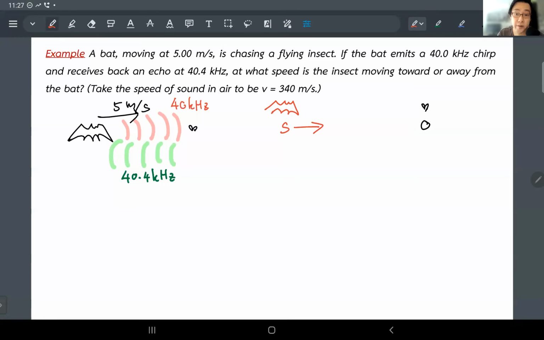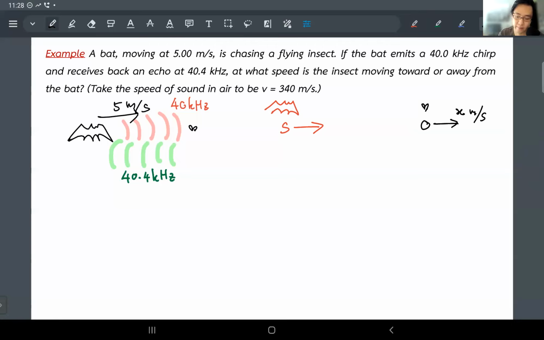Because you don't know the direction of the insect, you might assume it's going in some direction. Let me call its velocity x meters per second, knowing that eventually the mathematics will take care of the sign. If at the end you get a negative number, then you can tell that the insect is flying to your left.